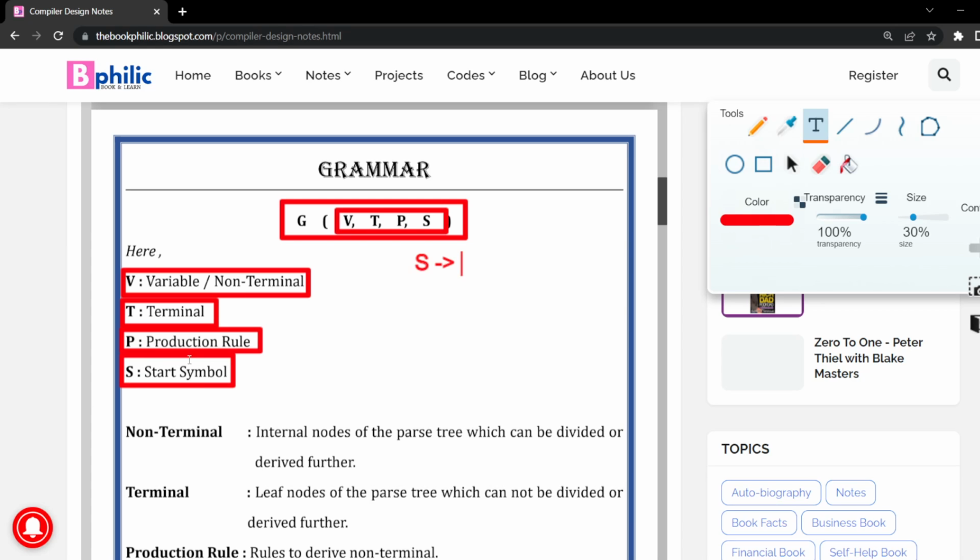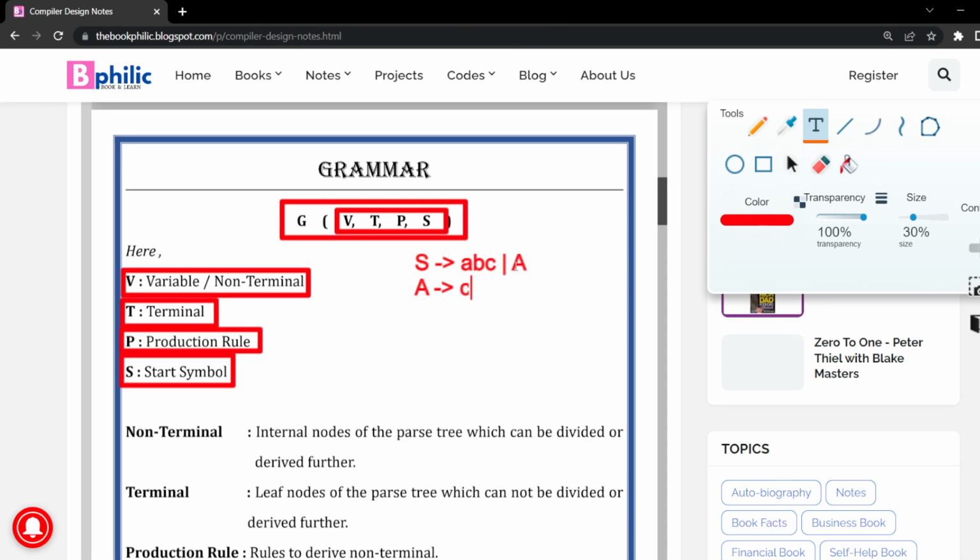S derives A B C, and then we write the or symbol, A B C or capital A, and in the next line capital A derives nothing but the small c.